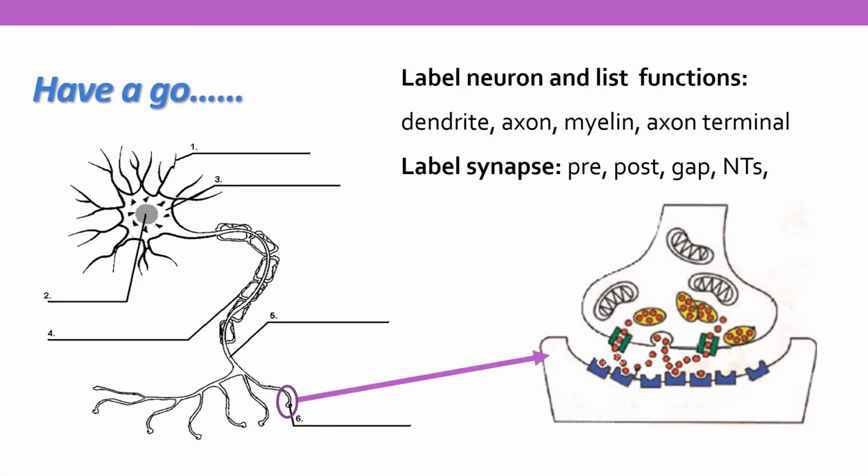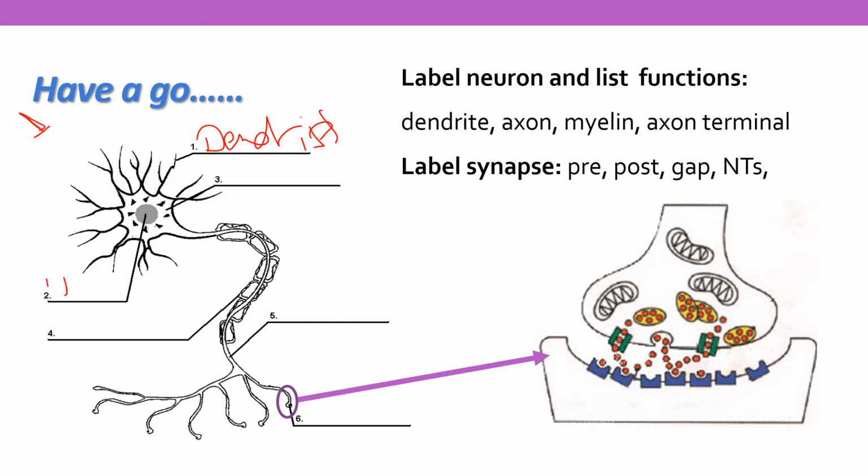Okay. Before we do that, let's go back and recap the information that we've already learned, okay? Now, obviously here we have a neuron and we need to know the key parts, okay? So I'm going to flip through just the really key parts of this diagram. So number one, they are our dendrites, okay? And they're very important.